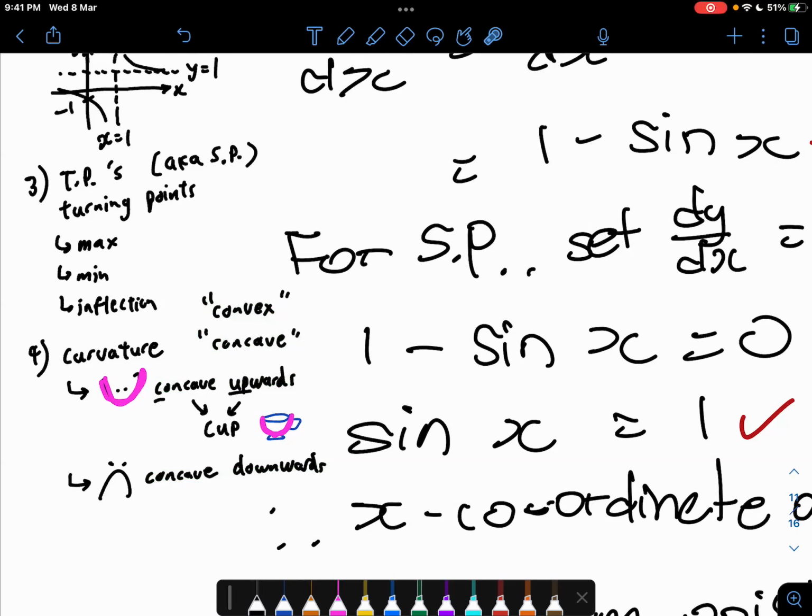You can determine, so anyways, happy face or sad face. You can determine the point at which a curve changes its curvature, meaning it changes from happy into sad face or sad face into happy face, by doing what's called a sign test on the second derivative.